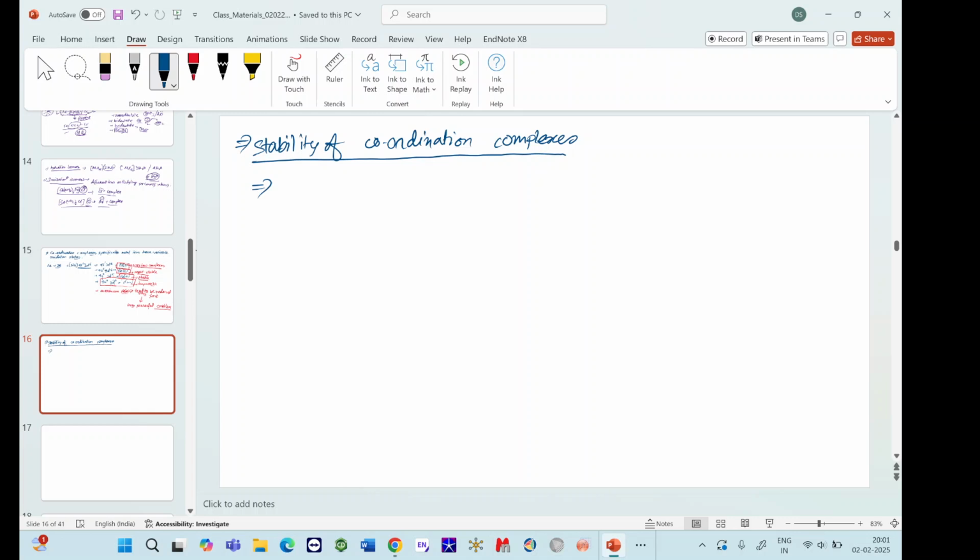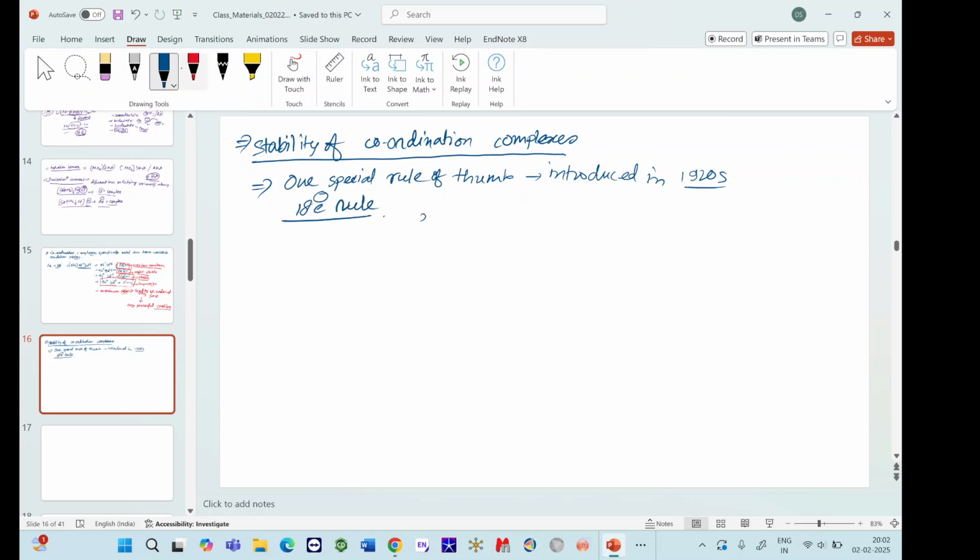So for the coordination complexes, one special rule of thumb was introduced in the 1920s, that is called the 18 electron rule.